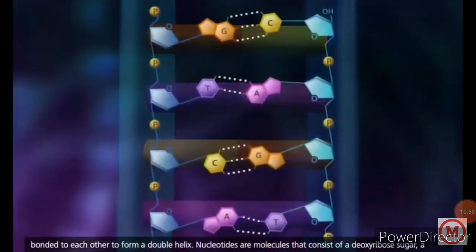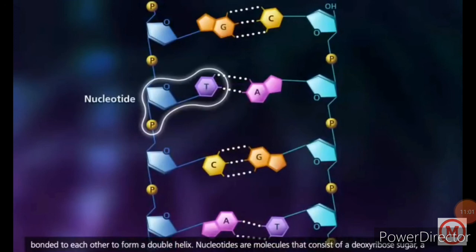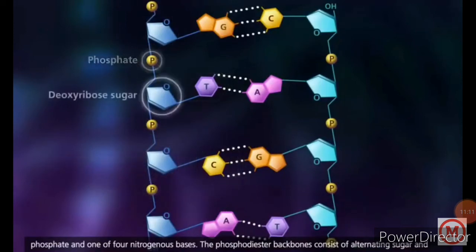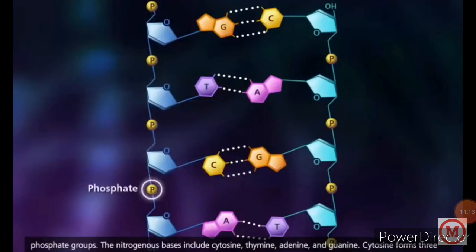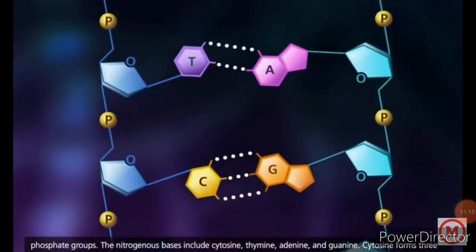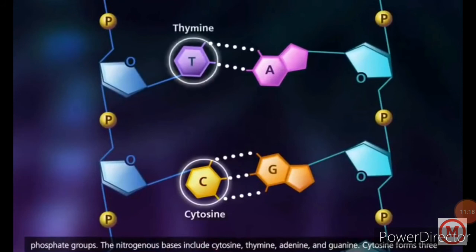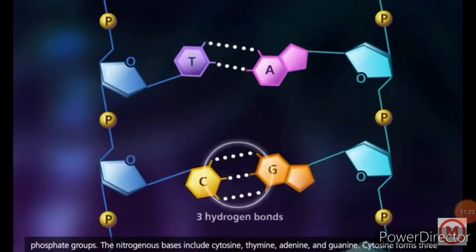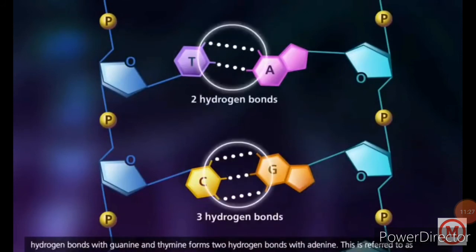Nucleotides are molecules that consist of deoxyribose sugar, a phosphate, and one of four nitrogenous bases. The phosphodiester backbones consist of alternating sugar and phosphate groups. The nitrogenous bases include cytosine, thymine, adenine, and guanine. Cytosine forms 3 hydrogen bonds with guanine, and thymine forms 2 hydrogen bonds with adenine. This is referred to as complementary base pairing.